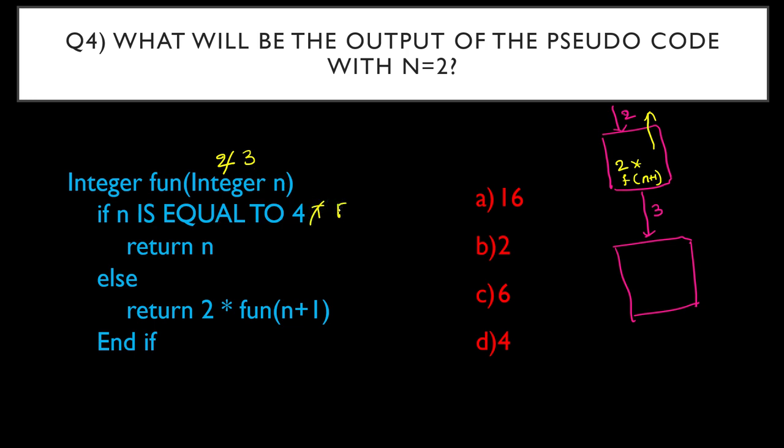So again this condition became false. So here you are going to return 2 into f of n plus 1. That is, again you are calling this with n plus 1. The value of n was 3, now you are calling it with 4.